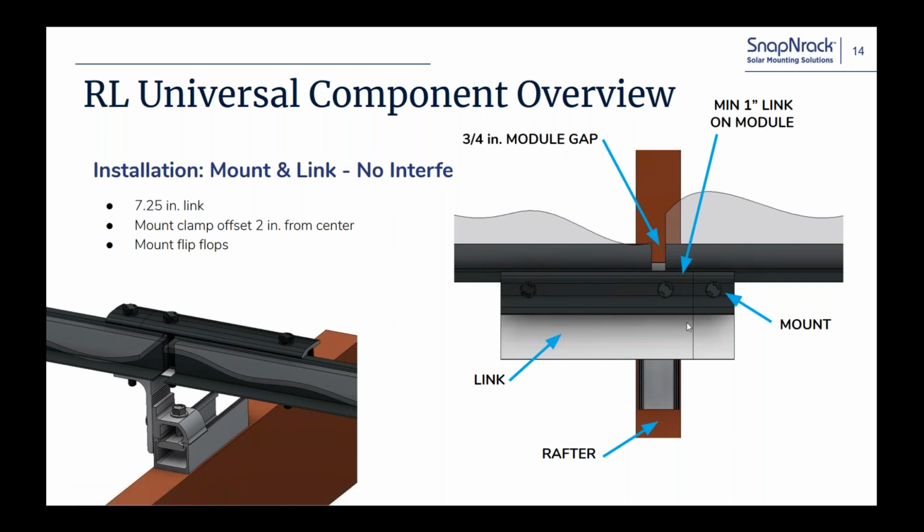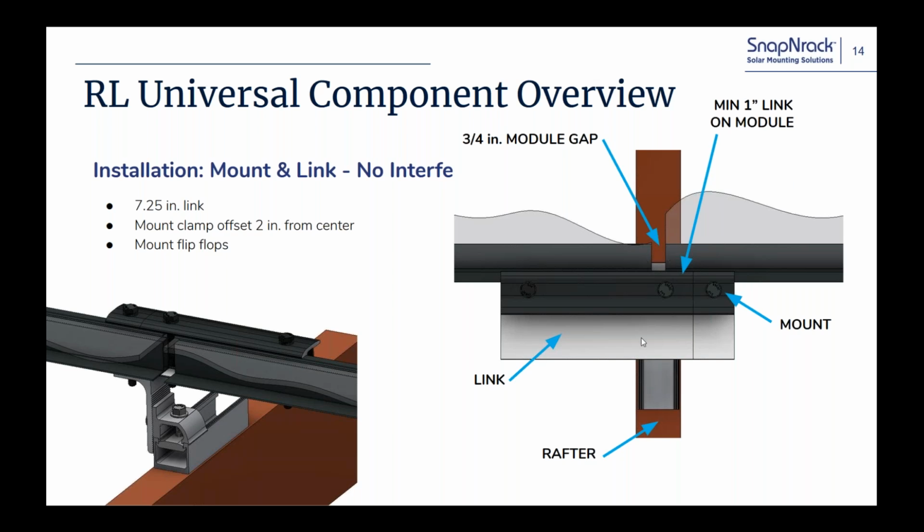What we did was we designed the hardware, the dimensions of this link, the length of the link, and the distance that this mount can flop back and forth, to make it impossible for there to be any interference, and impossible for there to be less than 1 inch clamped onto this module if you create a minimum, no more than 3/4 inch space in between the modules here.